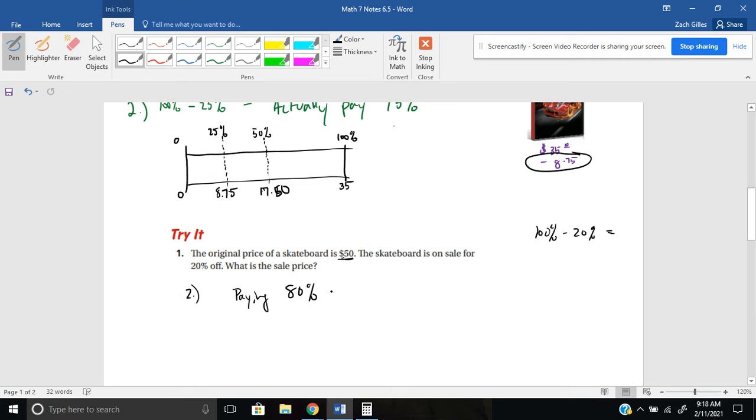So I'm just going to find 80% of my total. I'm going to take 0.80 and multiply that by 50. And when I do that, I would come up with $40.